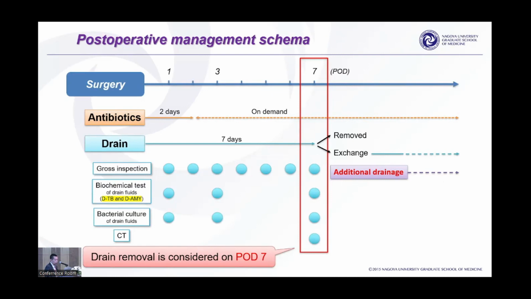After that, antibiotics are used on demand. Surgical drains are placed for at least 1 week. Drain fluid is closely inspected every day and sampled for total bilirubin and amylase value and for bacterial culture on POD 1, 3, and 7.